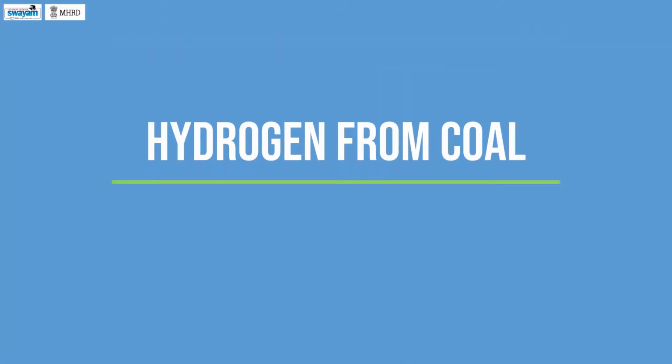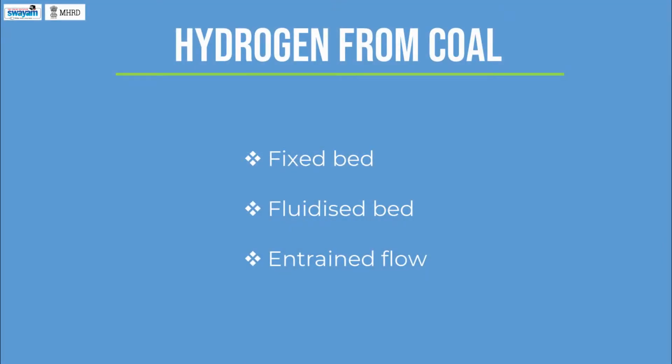Hydrogen from coal. Hydrogen is derived from coal through various gasification processes such as fixed bed, fluidized bed, or entrained flow. The entrained flow method is the most commonly used method since it maximizes the conversion of carbon to gas with limited formation of char, tar, and phenols.